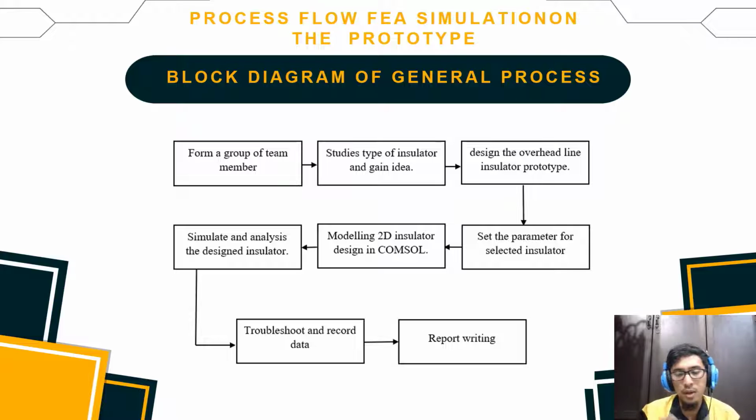When the design has been modelled in the software, the simulation and analysis will be done on the insulator. Then, during the analysis, we check and troubleshoot the result, whether it has an error or is successful.